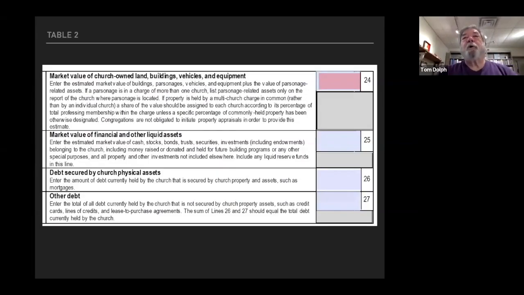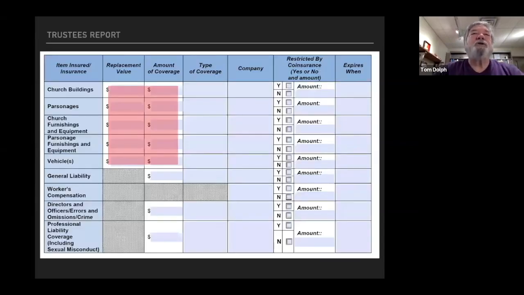So this number also should have some correlation to the trustees report. We're not going to look at the trustees report today, but this is a part of the trustees report. And you'll see again that the trustees report asks for a replacement value of your items and the amount of coverage.